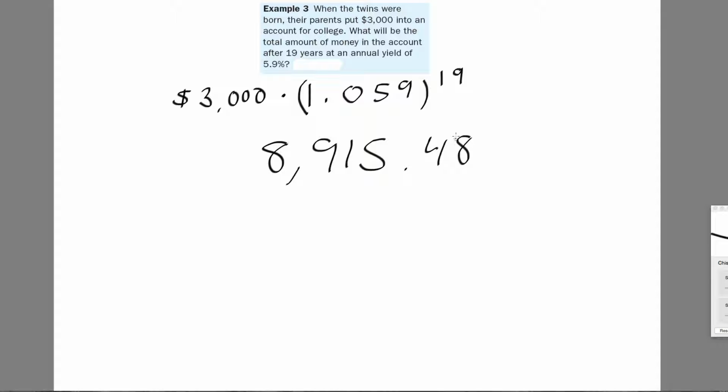So this is our dollar amount at the end of our 19 years, which is not too bad to have to apply to your college education.